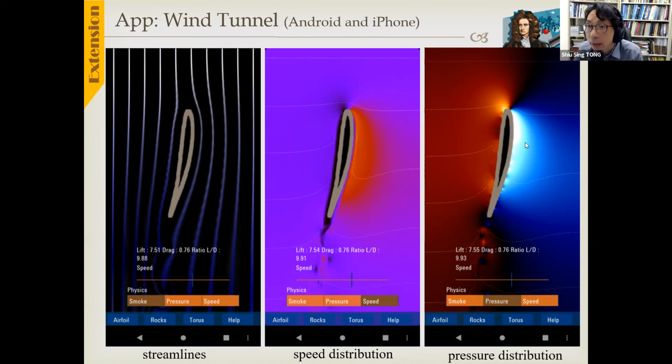You can see actually when the air passes through the wing, the reduction in pressure at the top of the wing is actually larger than the increase in pressure at the base. So the lift force is actually not due to the increase in pressure at the base of the wing, but more due to the decrease in pressure at the top.